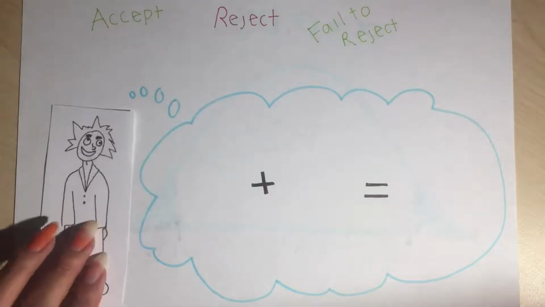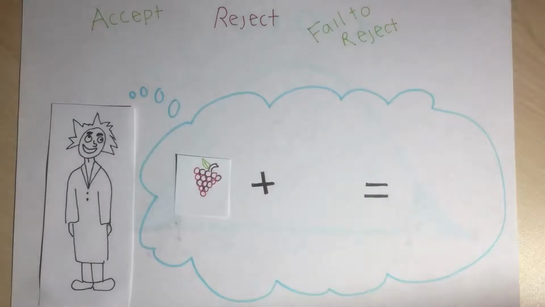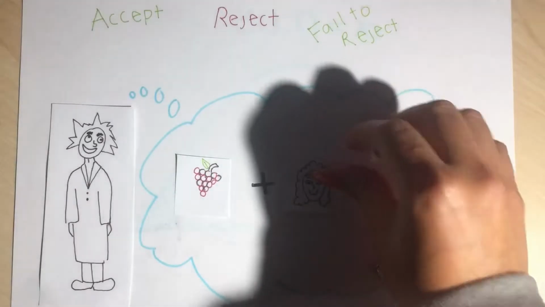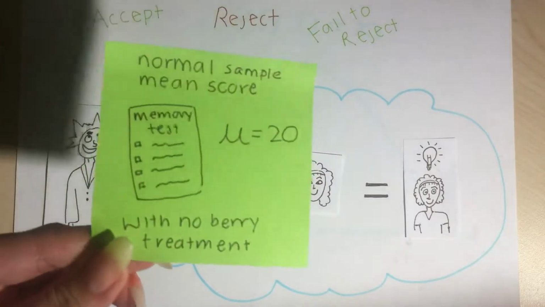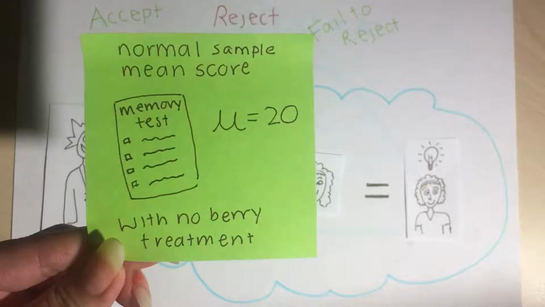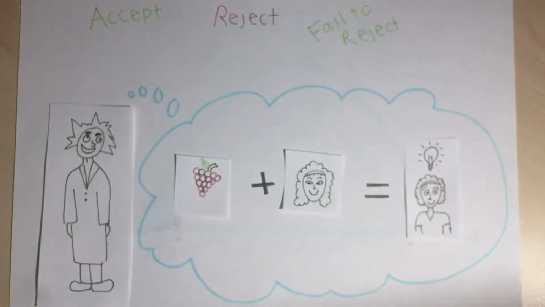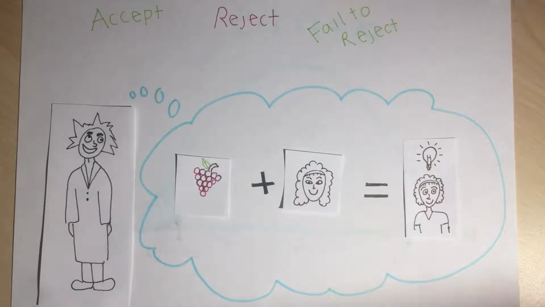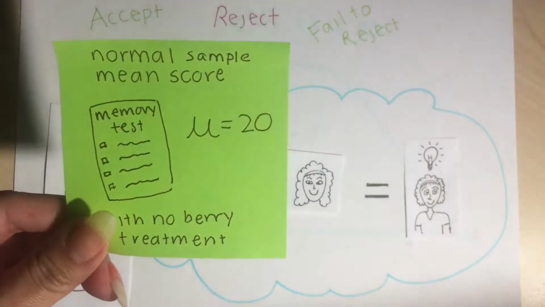A crazy scientist believes he has created a magical berry that helps you have amazing memory. So let's say a normal sample mean score would be 20 with no berry treatment, then after the berry, he thinks it will increase the memory score, meaning it would be bigger than 20.